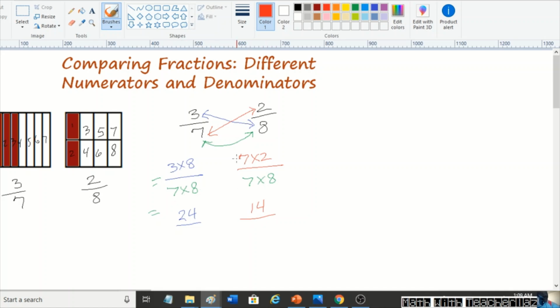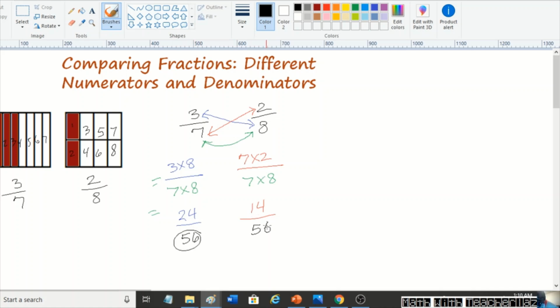And since we're multiplying to get the same denominator, we have 7 times 8. You remember that? That's 56. And that's 7 times 8. That's 56. So what are we comparing then? We're comparing 24/56 versus 14/56.